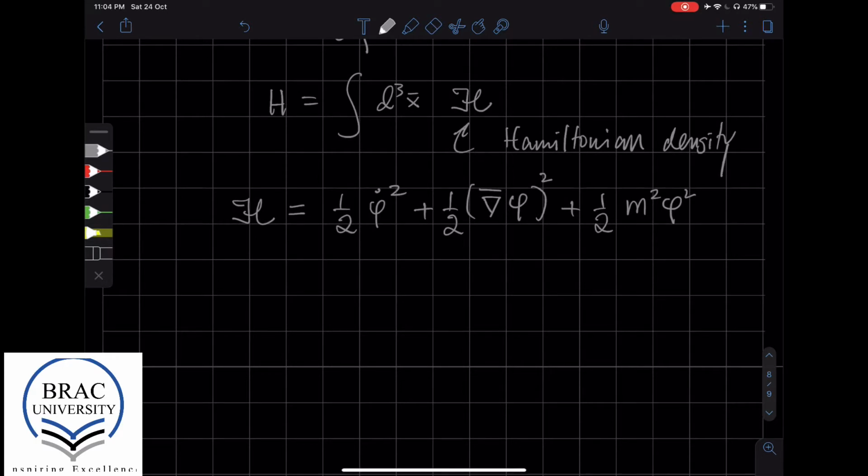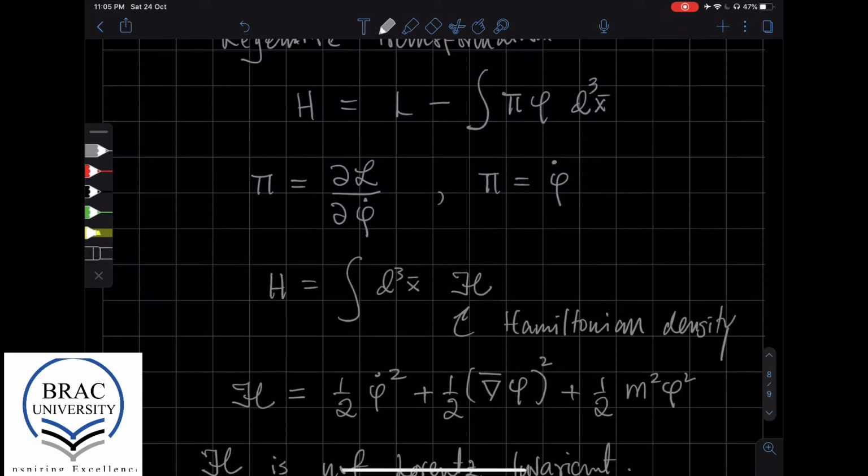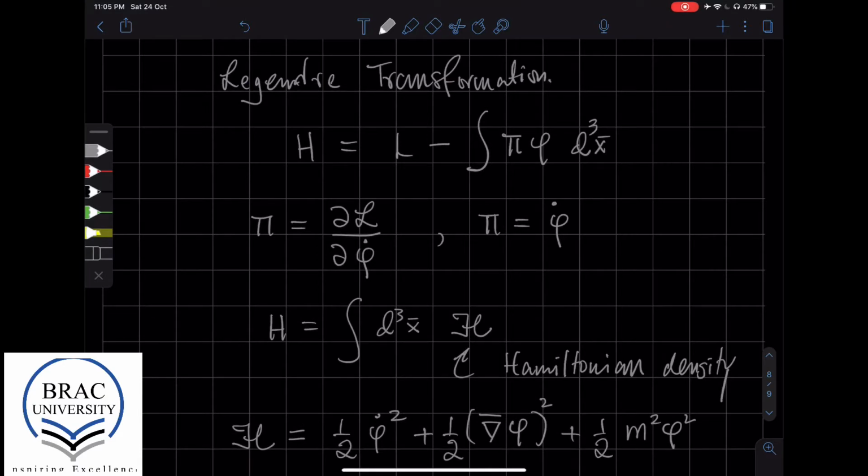So see that the Hamiltonian density is not manifestly Lorentz invariant. And the reason is that when we do the Legendre transformation, we have to evaluate pi, the momentum density, and in doing that, we have to take the derivative with respect to phi dot, and that means that we have to choose a particular time slicing of our Minkowski space.